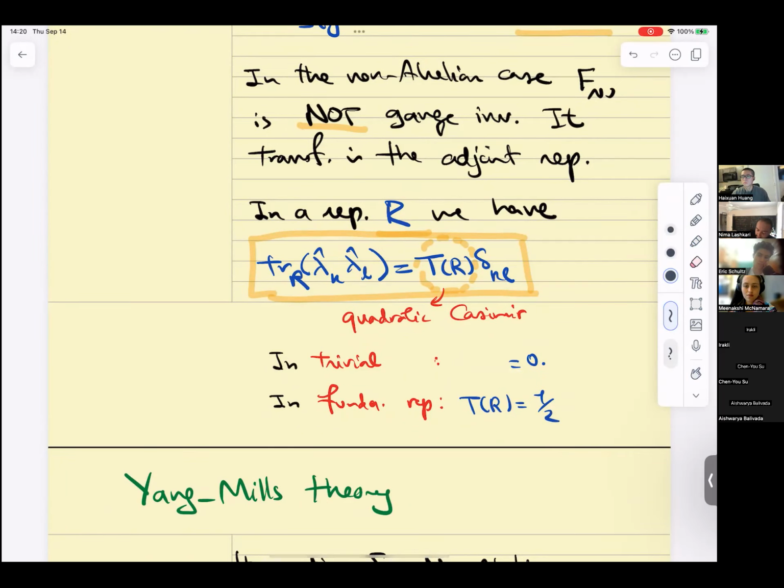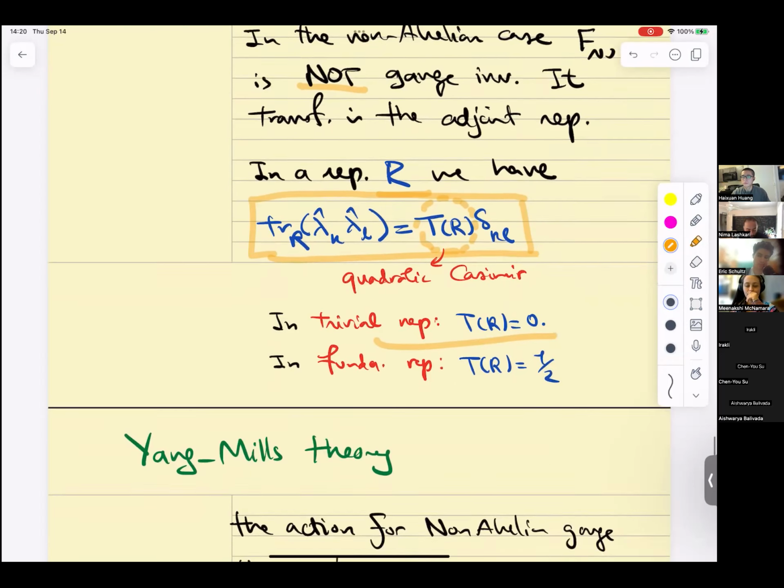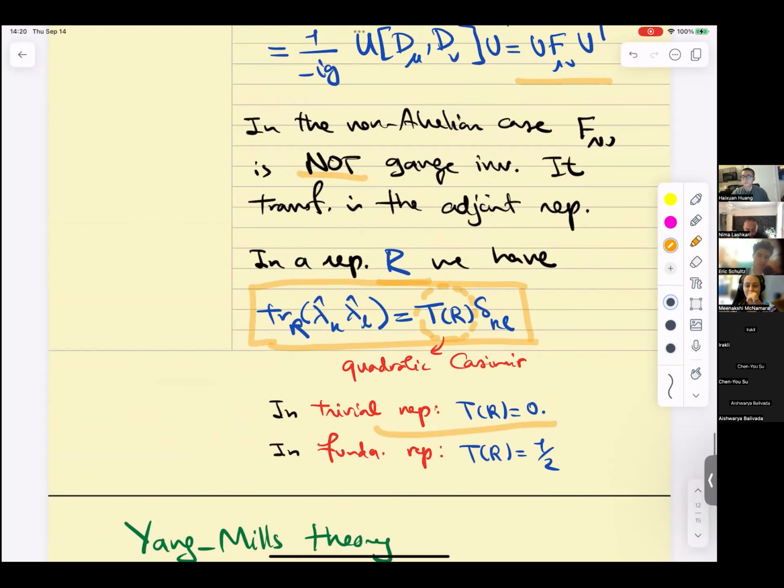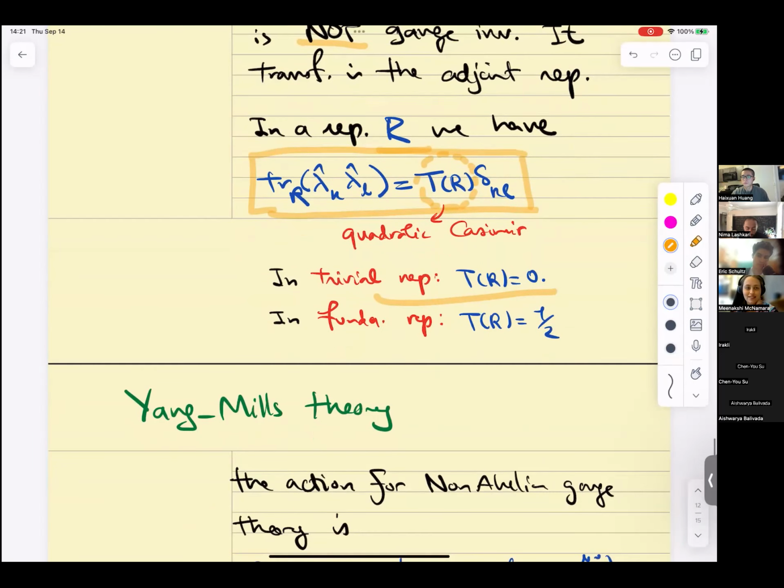In the trivial representation, the quadratic Casimir is 0, sorry. 0 or 1? I'm kind of confused.